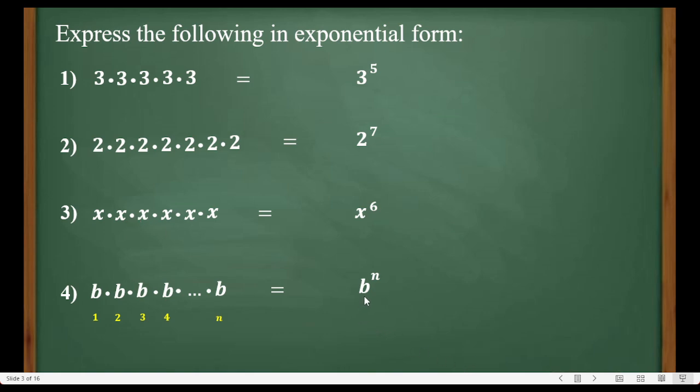So the number that is being multiplied by itself is known as the base, and n here, that indicates the number of times this number is to be taken as a factor, is what we call the exponent. Okay.